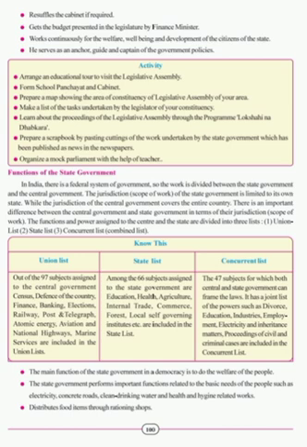The main function of the state government in a democracy is to do the welfare of the people. Students, the main aim of the state government is the welfare of the people living in that state. The state government performs important functions related to the basic needs of the people such as electricity, concrete roads, clean drinking water and health and hygiene related works.